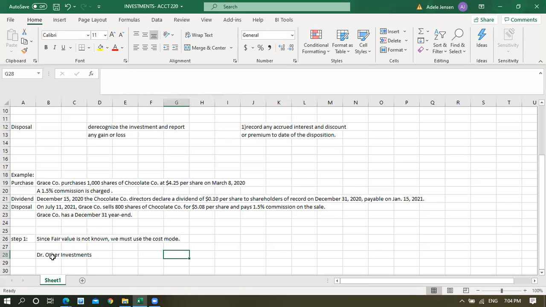If we were using the amortized cost model, I would want to put investments dash amortized cost. So it's a really good idea when you're debiting your investments to actually state exactly what method you're using. So I could put other investments cost model, why not? Okay. And I know that I will be crediting cash.